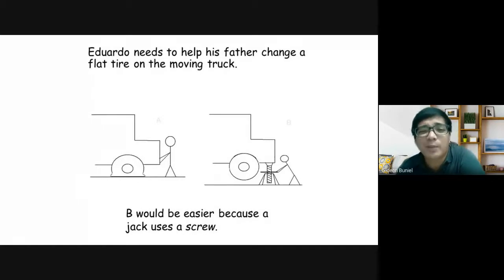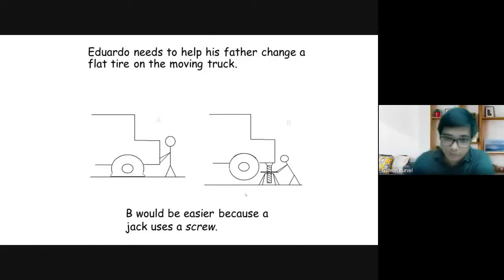Eduardo needs to help his father change a flat tire on a moving truck. A, B. B would be easier. This is figure A and this is B. B would be easier because the jack uses a screw. So how can the jack lift this? What's an example of this in the automobile?